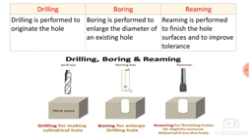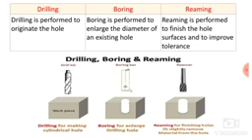That means there should be a previously drilled hole first and then you can enlarge the diameter with the boring operation. Then the last one, reaming, is used for finishing a previously drilled hole. Very little material is removed during a reaming operation and it is used to improve the surface finish of a drilled hole.